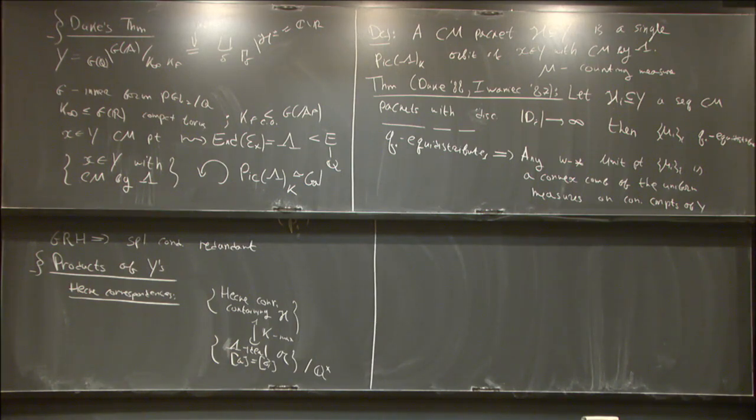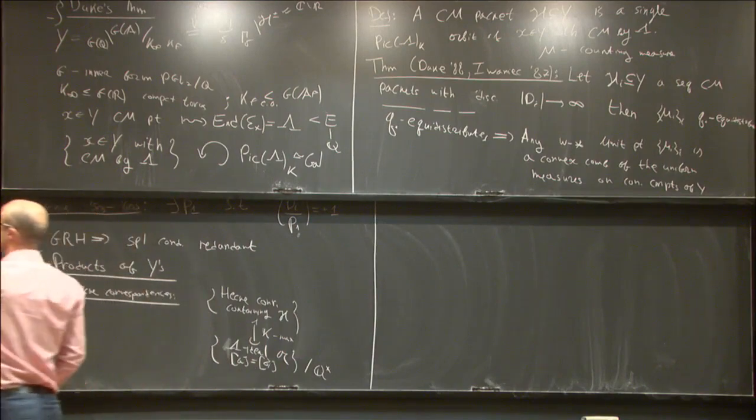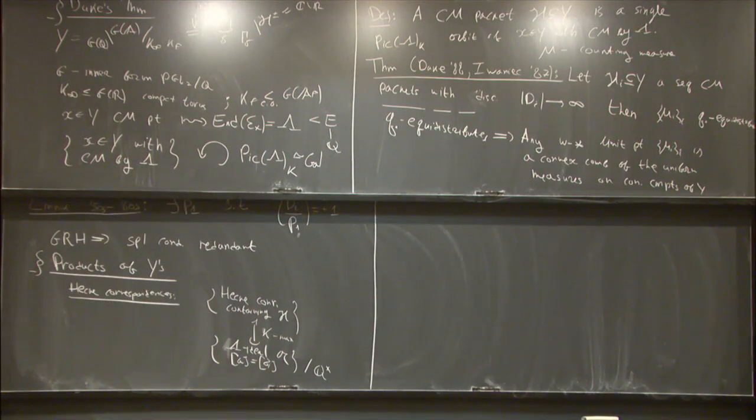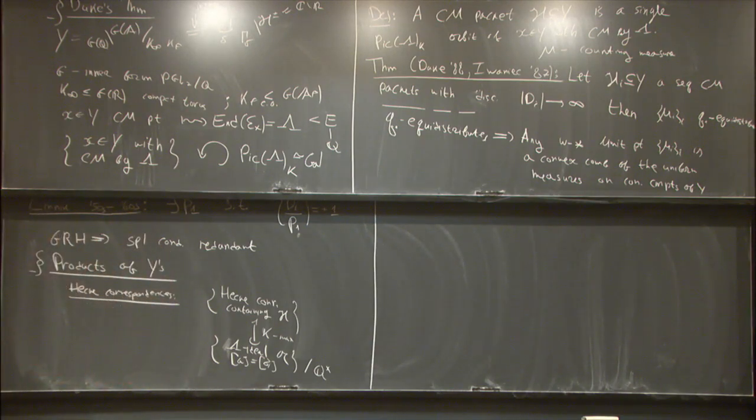If you think about this condition, it's the only thing you want to assume. So maybe give this condition a name. The fact that this goes to infinity, let's call it G, because this is what needs to be generic.